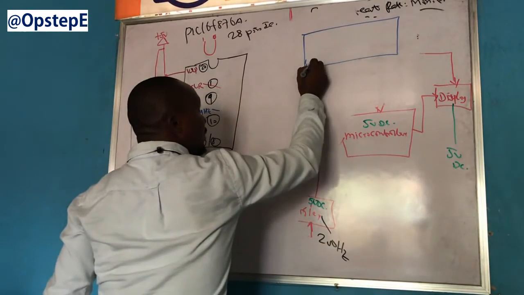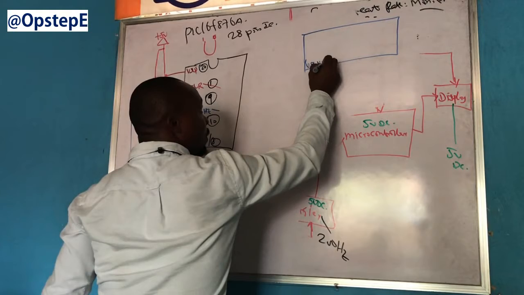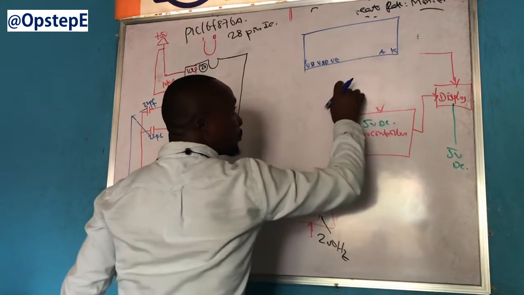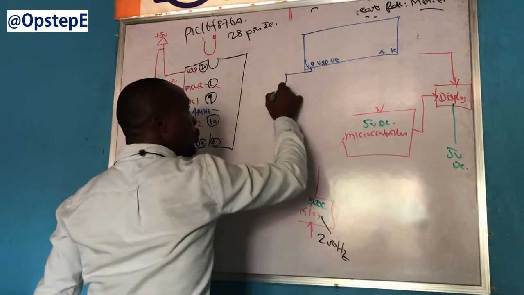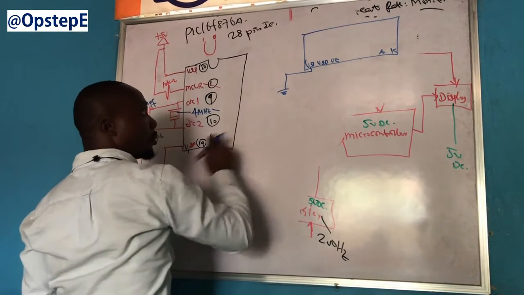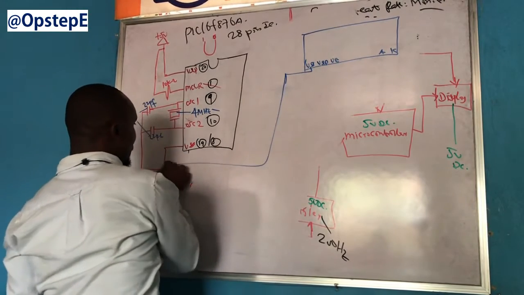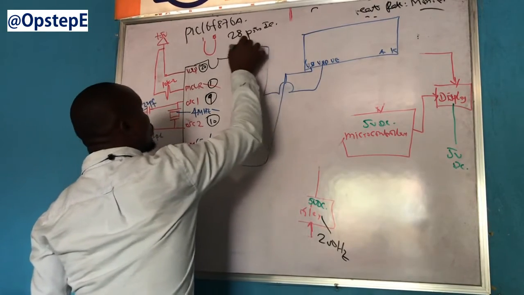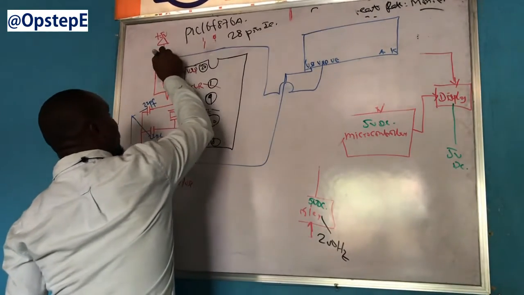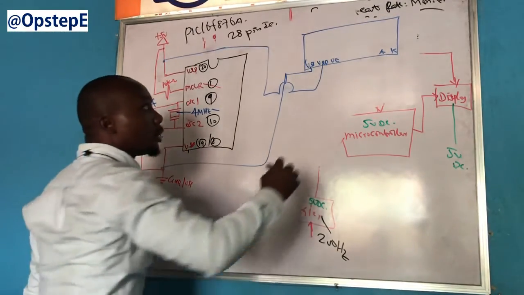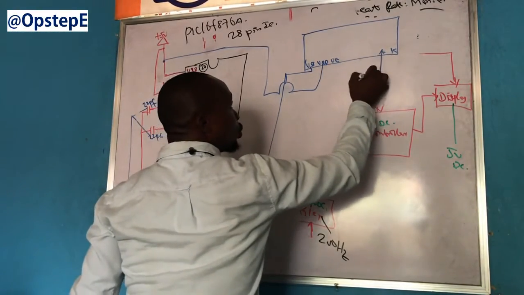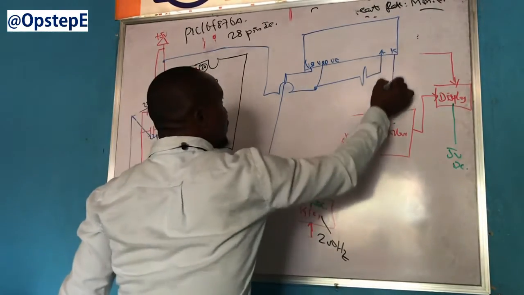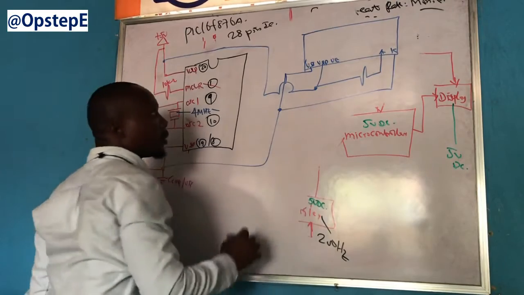Understand that it has VSS, VDD, V0, let's call A and K. You understand that this is supposed to go to the ground of your supply. So please look at it. So this is coming here. You see it? This is supposed to go here. Did you see it? This is supposed to go through a resistor in this place. You see it? And then this is supposed to come here. Do you get it now?